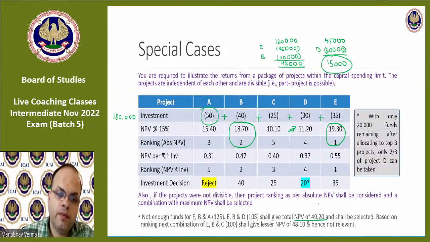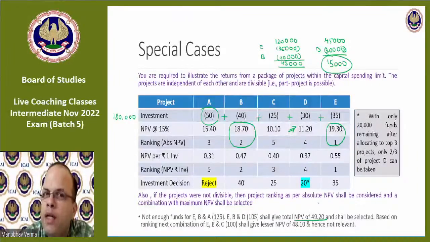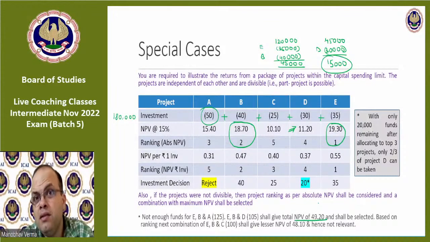Guys, if we consider other combinations also, just to cross check, it is always good to see whether any other combination can give a maximum NPV. In this example, projects E, B, and D are looking good to me. There could be a situation, and I'm sure you guys can agree or disagree with me, where, let's say, for ranking 1, 2, 3, you don't have enough funds, but you can invest in projects 2, 3, and 4.